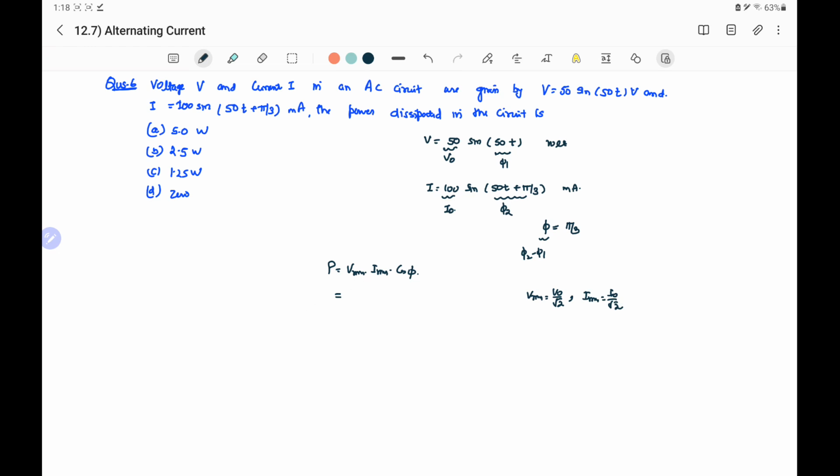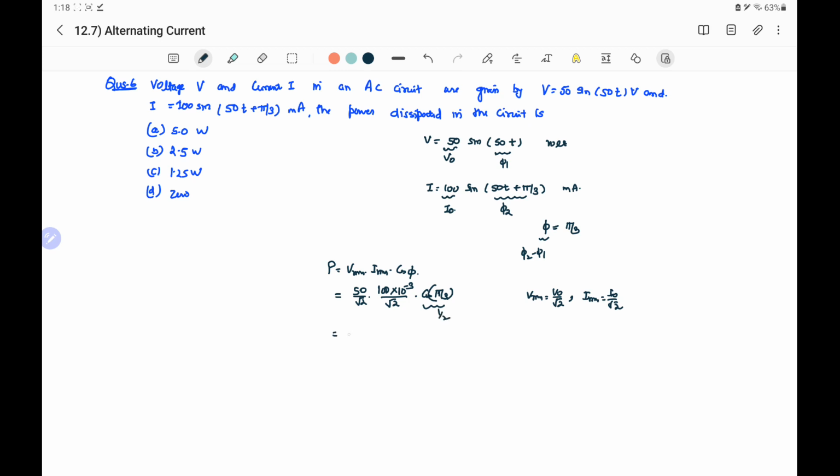Substituting the values, peak value of voltage is 50, so it is 50 by root 2, and current is I naught by root 2 and I naught is 100 milliampere. So we can write 100, and to convert it into ampere we multiply with 10 to the power minus 3, divided by root 2. So this is the RMS value of the current, and cos of the phase difference, that is pi by 3. And this pi by 3 is 60 degree and cos 60 is 1 by 2.